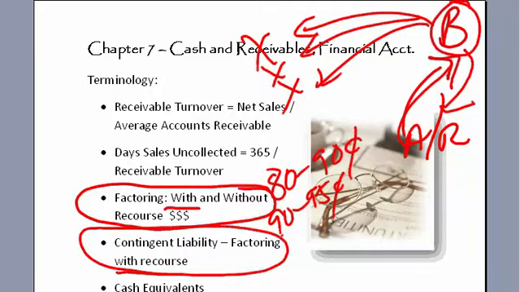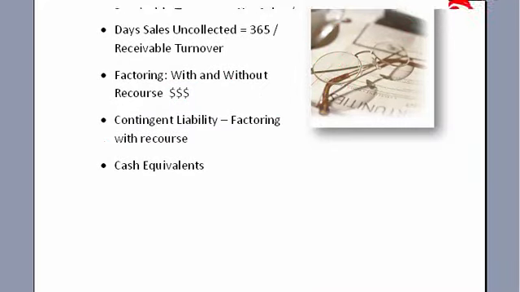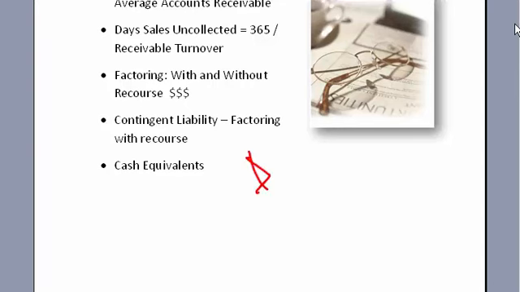When we move on here to cash equivalents, we'll see that in our statement of cash flows. But a cash equivalent is anything less than 90. Oops, I got the wrong symbol there. Less than 90 days.